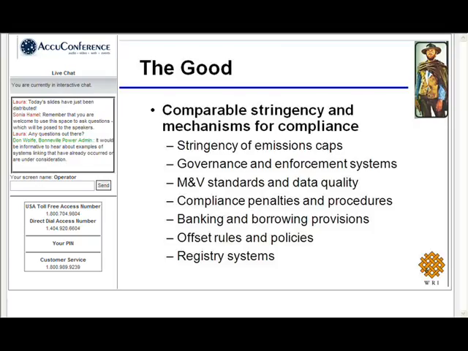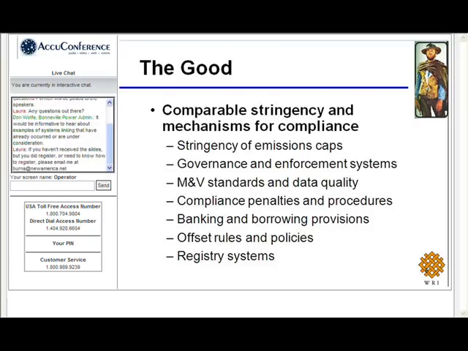In particular, if you have a program where you don't want to encourage unlimited use of offsets, and you're linking to a program that does allow unlimited use of offsets, essentially the bar is going to be set by the system that allows full use of offsets, and that would be certainly a consideration in any kind of linking agreement.